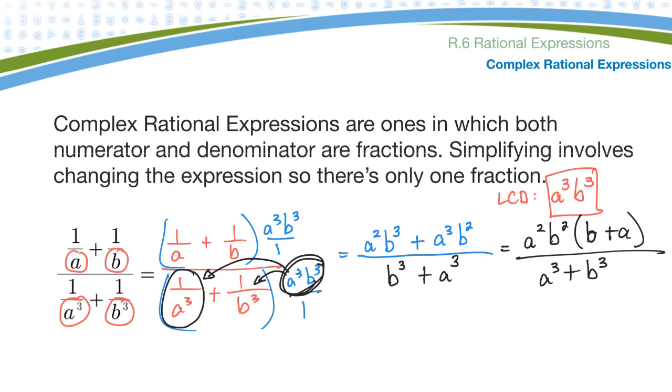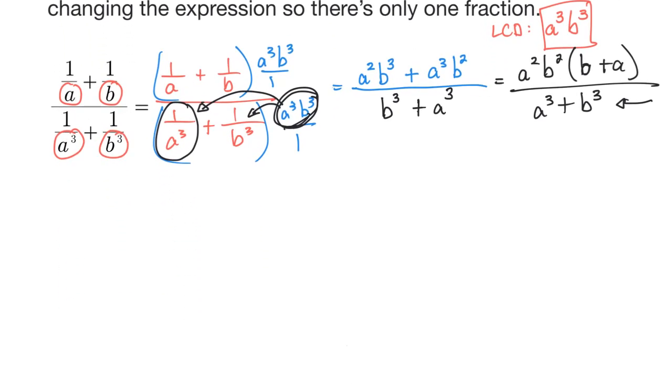Feeling pretty good there, although this looks to be a sum of cubes, and there's a formula I can use to simplify that. So the formula, I'll just write it down here. If you have a cubed plus b cubed, that's equal to a plus b times a squared minus ab plus b squared.